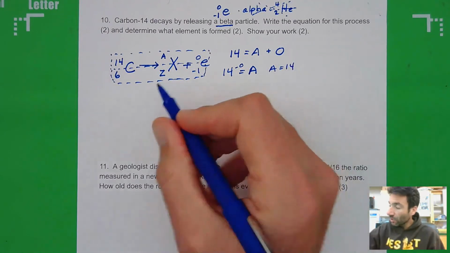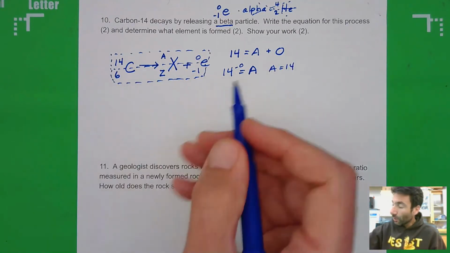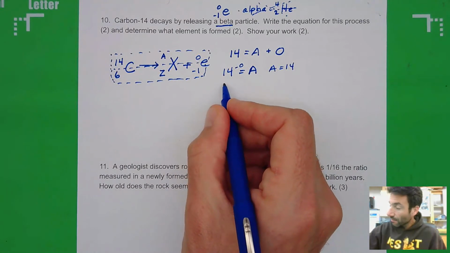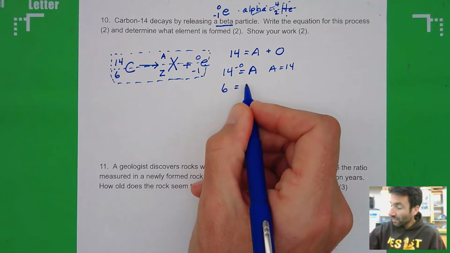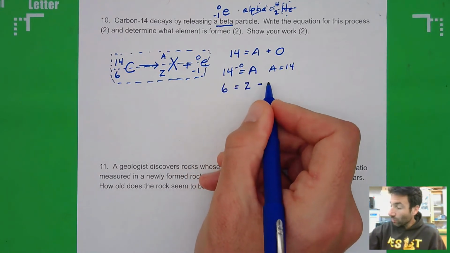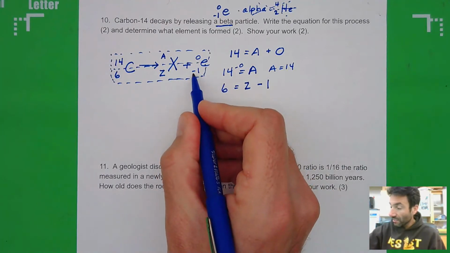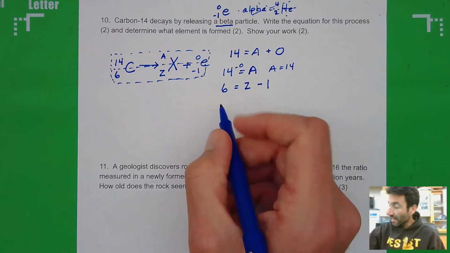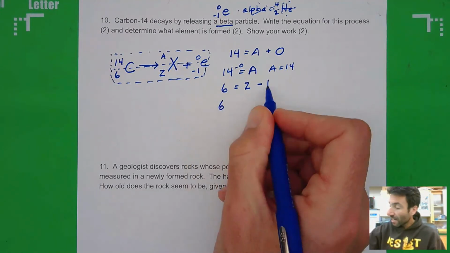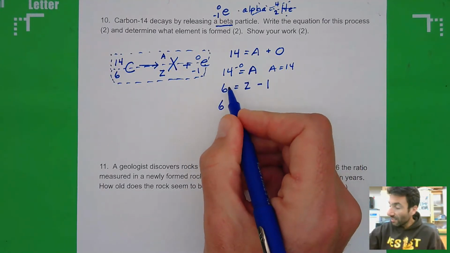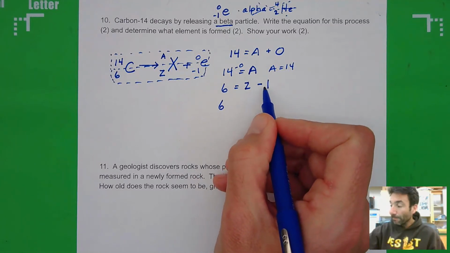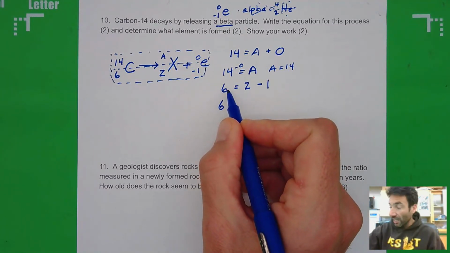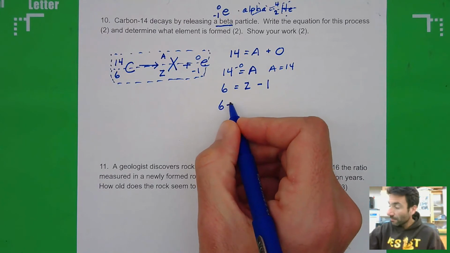Okay, let's do the same thing now on the bottom. So I can say 6 equals Z minus 1. Minus 1 because that's a negative number. Now I do the same thing. I can say 6, and I'm going to move the minus 1 to this side. When I move a minus number to the other side of an equal sign, it becomes plus.